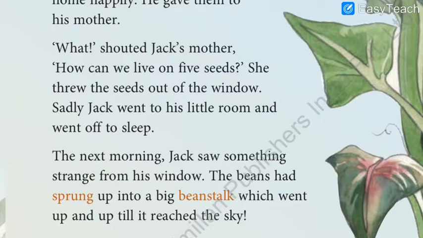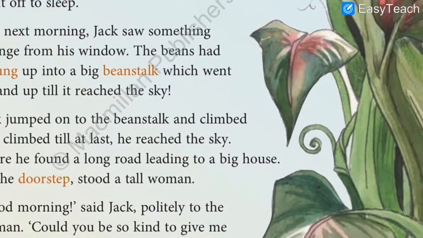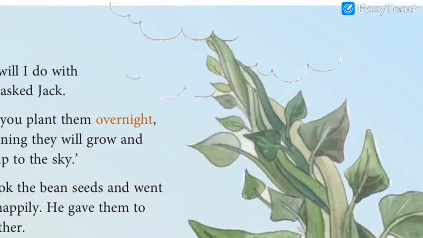His mother also, without having dinner, went to her room to sleep. Although it was a small house, they both had separate rooms. Anyways, in the morning when Jack woke up, he saw a big tree going up and up and up till it reached the sky.